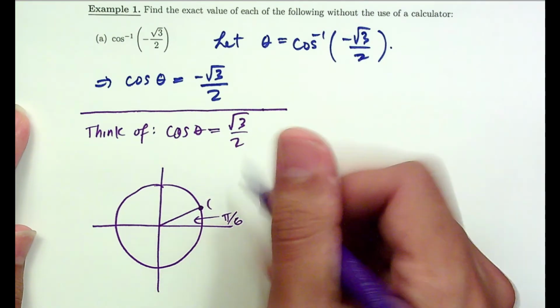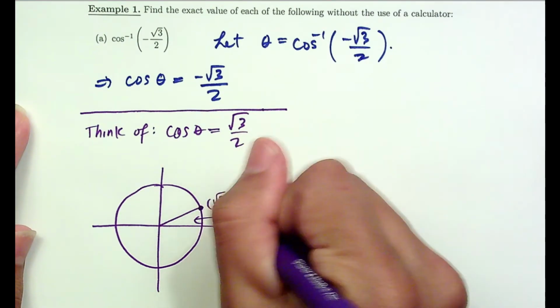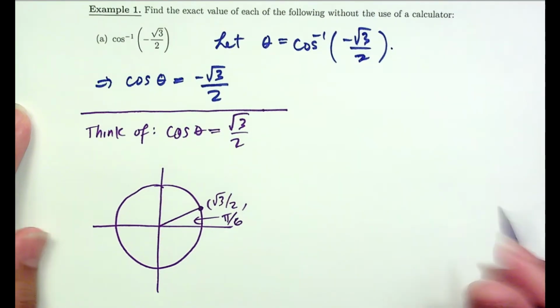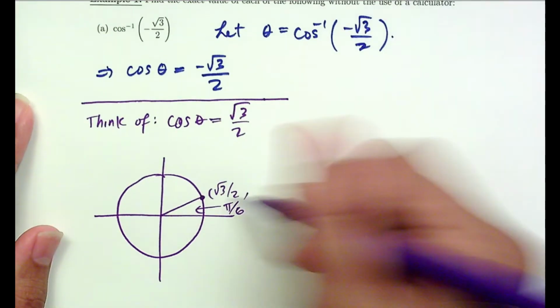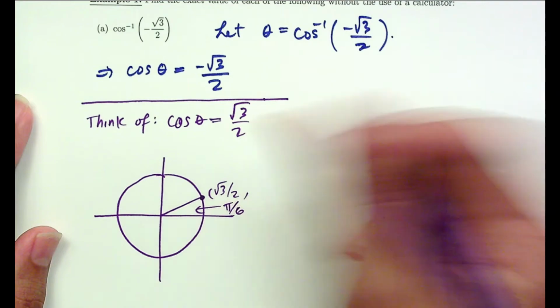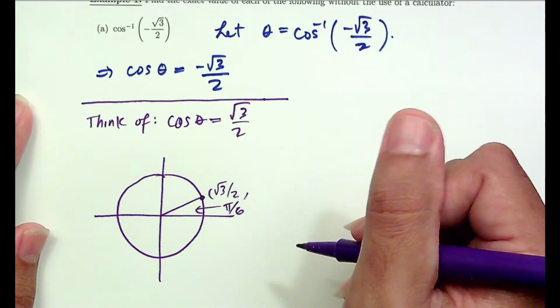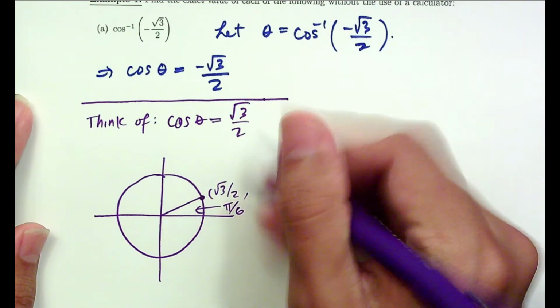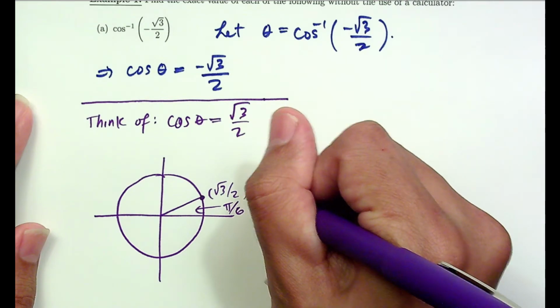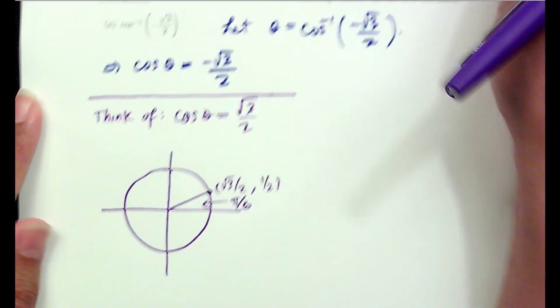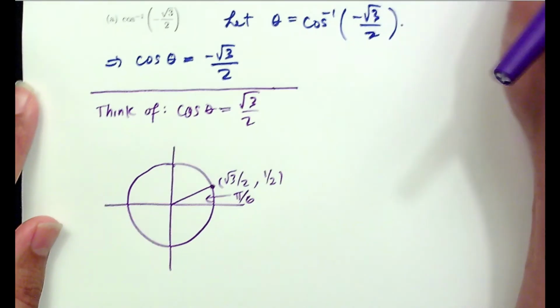The cosine of pi over 6 is square root of 3 over 2. The coordinates of that point are the cosine and the sine. The cosine is square root of 3 over 2. We don't need the sine, but just for review, the sine of pi over 6 is a half. So those would be the coordinates of that point.